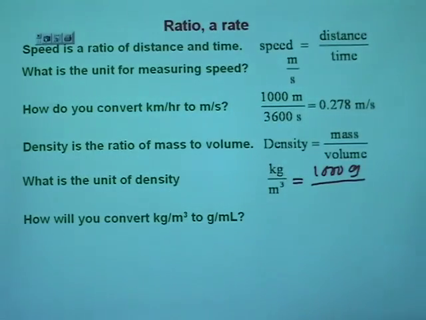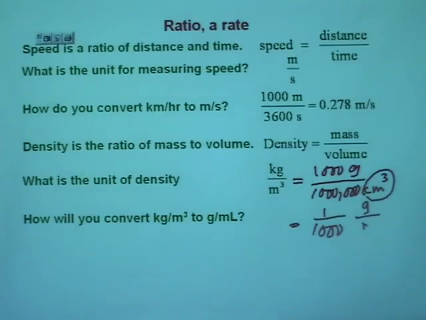You see? So 1 meter cube is 1 million centimeter cube. So this works out to be 1 over 1,000 gram per, and in place of centimeter cube, I'm going to write milliliter.